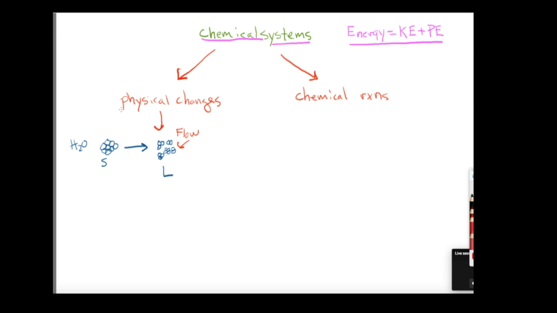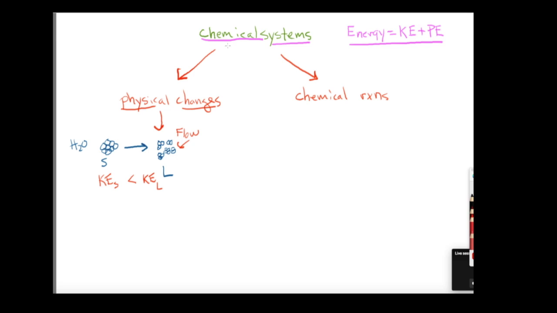And hopefully at this point you get it, that the potential energy, or let's just start by talking about kinetic energy. So the kinetic energy of the solid is going to be less than the kinetic energy of the liquid. All right, and that should make sense to you. We actually have to warm this up to go from the solid to the liquid.